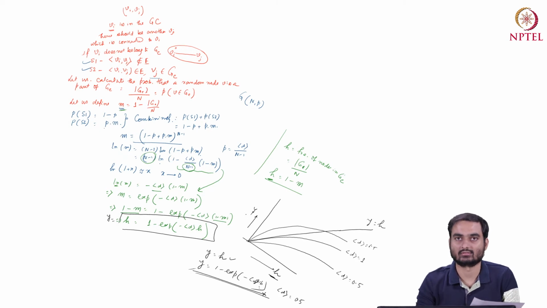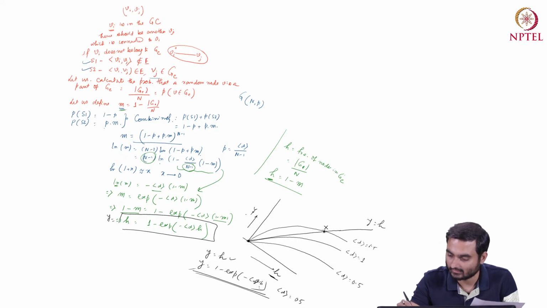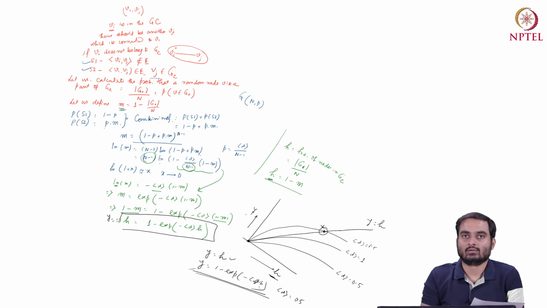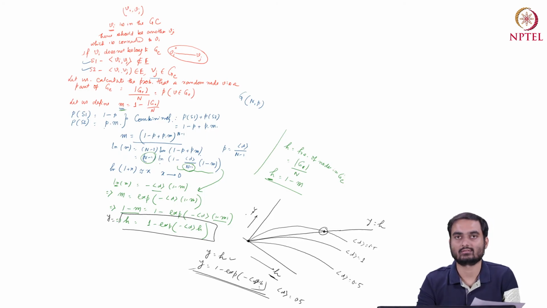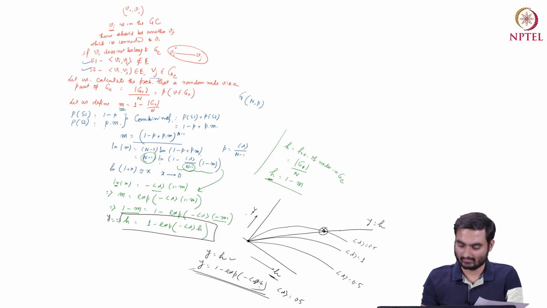So what are the solutions? The solutions are those points where these curves intersect. So this is one point and this is another point. And how do you know the points? In this kind of case, we take the gradient at this point, and at this point the gradients are the same. And how do we get the gradient? We basically take the derivative. So this is our equation.